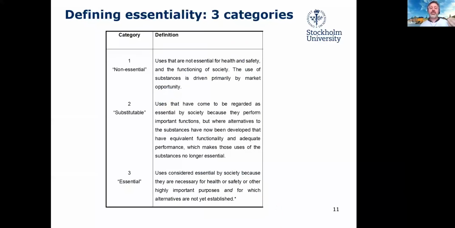And we made some criteria for doing this, determining whether your use is non-essential, whether it's essential for health, safety and the functioning of society, or whether the use can be regarded as essential for society, but there are alternatives which can do the function, so you can substitute them.